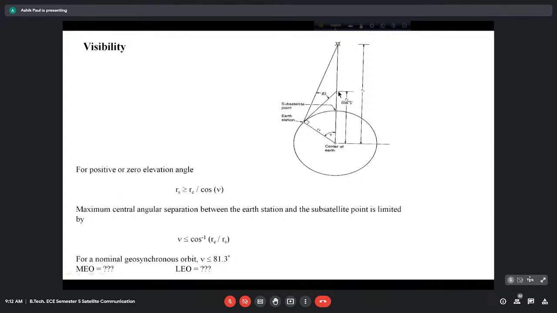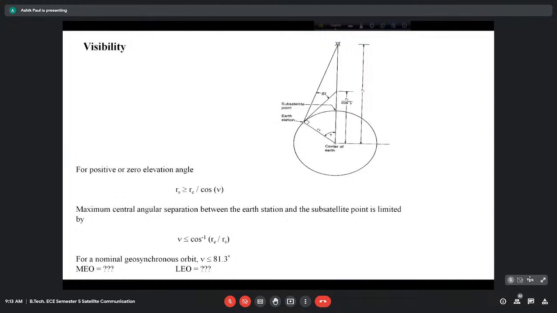Now the point in calculating this distance up to the local horizon is that, as you can see, the satellite is right at this point. If it continues further right, then there will be a time when, if you extrapolate this particular local horizon, the satellite will be below the horizon, right? So that will set a limiting condition up to which you can receive the signal from that particular satellite.